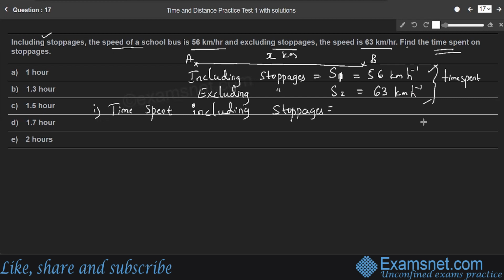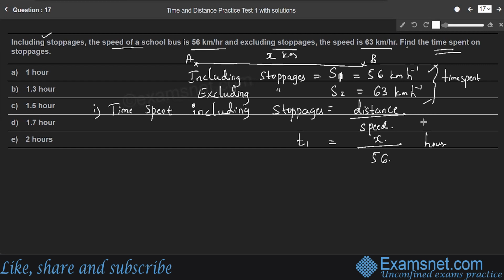Since distance is x, distance by speed gives time, right? So distance from home to school by speed of the bus. Including stoppages, speed of the bus is 56 km per hour and the distance to be traveled is x. So time spent, let it be T1, including stoppages is x by 56 hours.